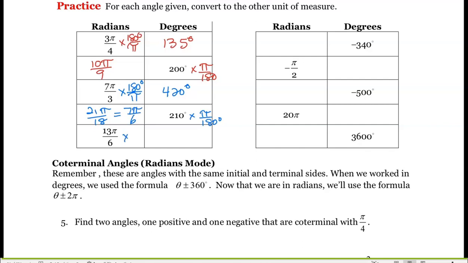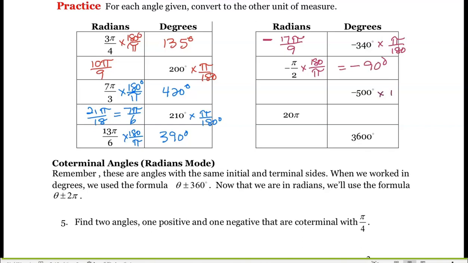If I want degrees, I put my degrees on top. The pi's cancel. I end up with 390 degrees. Continuing on, if I want radians, I'm going to put a negative here so I don't forget. I'm going to multiply by pi over 180 and reduce, and I'll end up with negative 17 pi over 9. If I want degrees, I'm going to multiply by 180 over pi, and that's going to give me negative 90 degrees.